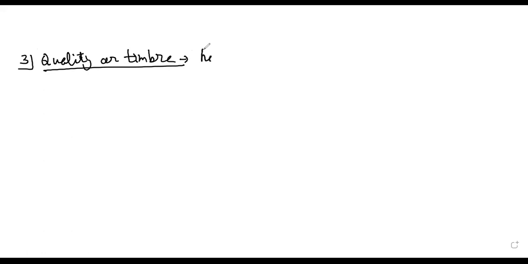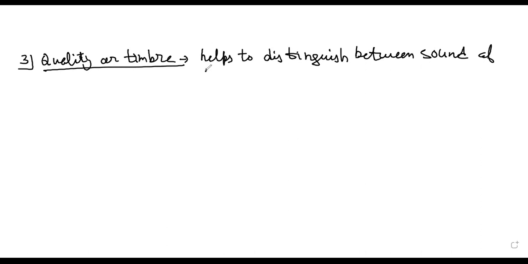It helps to distinguish between sounds of the same loudness and pitch. Even if loudness is the same and pitch is the same, we can identify with the help of quality or timbre. Like in a dark room, we can identify our friends with their voice only. That characteristic is known as quality.